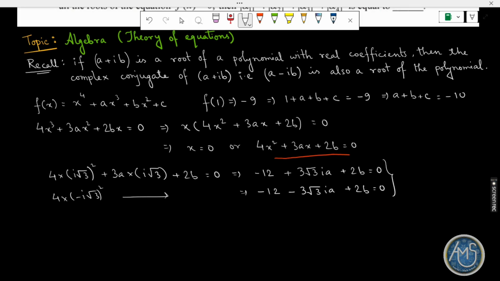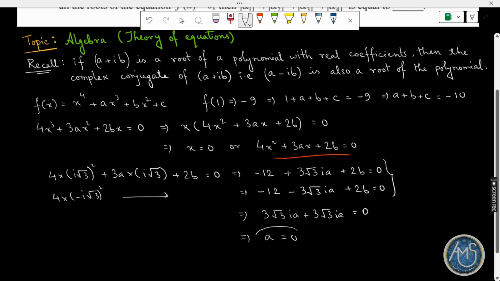Now if I solve these equations, that means if I subtract these two, I will get 3 root 3 i a plus 3 root 3 i a equals 0, which implies a equals 0.